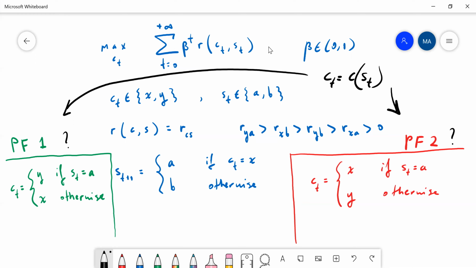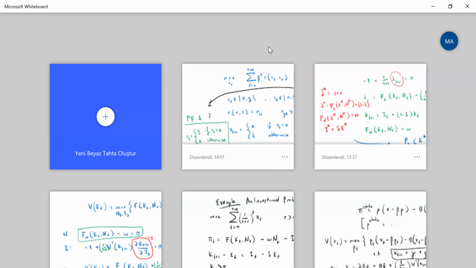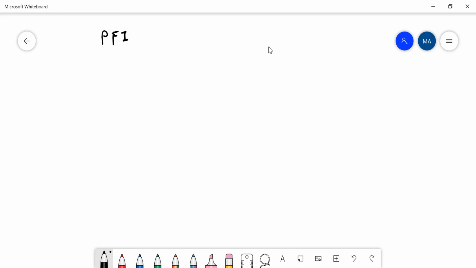Since the state space is small, you only have 2 values, you can calculate everything because you already know what these rewards are. So you can try policy function iteration. I will show you very briefly how you can use policy function iteration here.